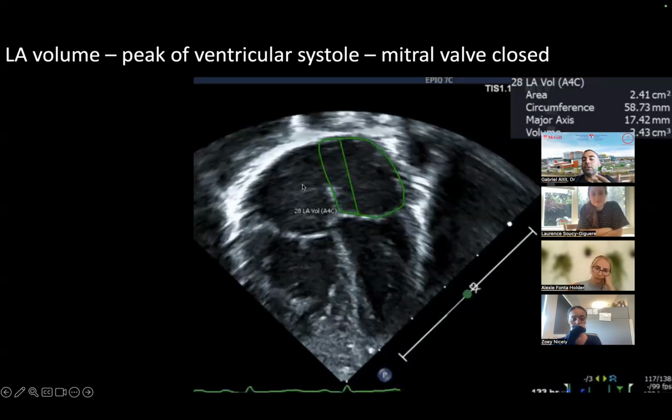So your shunting directionality, for example, at the ASD level is dependent on that. And if you have a restrictive ASD versus a large ASD, it may change how this LA volume is being assessed, right? So think about a very stiff left ventricle, not able to open, but there's a massive ASD, that LA might just empty out completely into that RA.